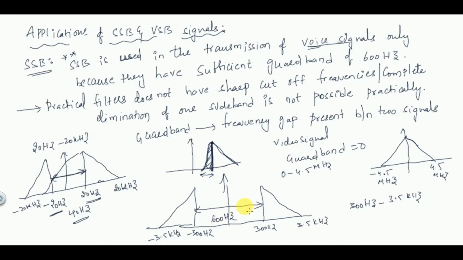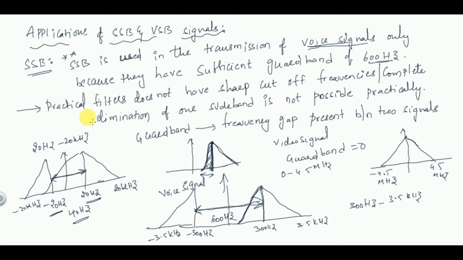Even though we use a practical filter, it is decreasing its amplitude gradually, so the gain decreases gradually, so that there will be sufficient guard band present in the voice signal. Okay, so it decreases gradually, then also there will be no problem. Okay, so that is the reason why SSB is used in the transmission of voice signals only, because they have sufficient guard band of 600 hertz.